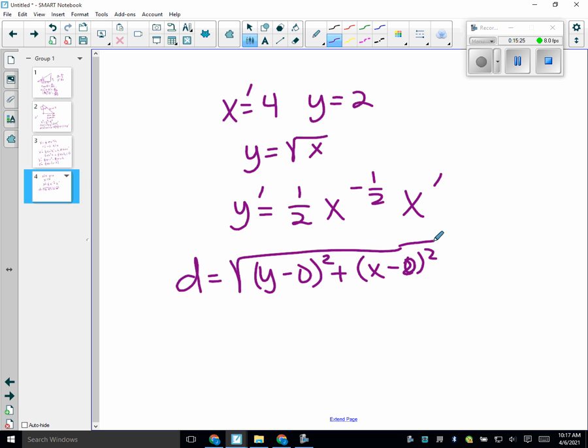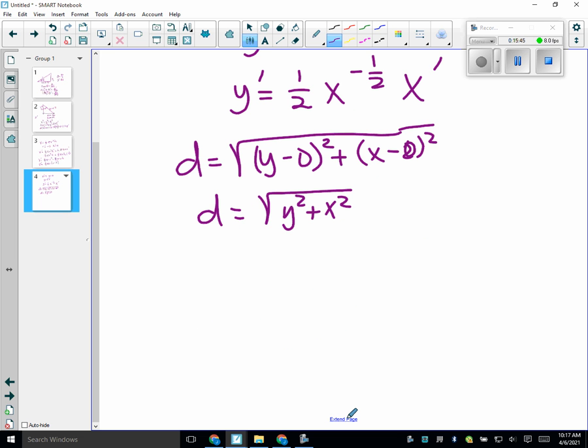Isn't that the distance formula you learned in Algebra 1? Why is it minus zero? Because from the origin, 0, 0, right? So, is d equal to the square root of y squared plus x squared? Isn't this Pythagorean theorem? Yeah.